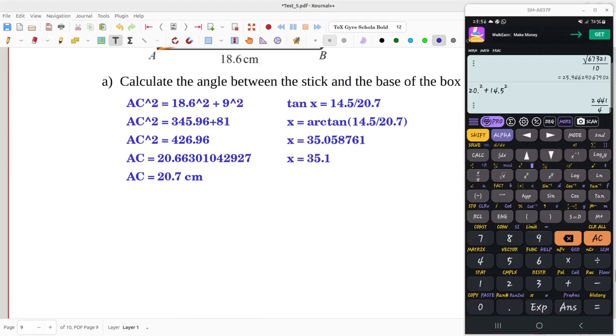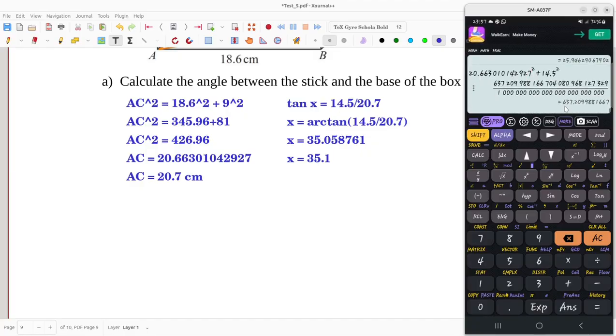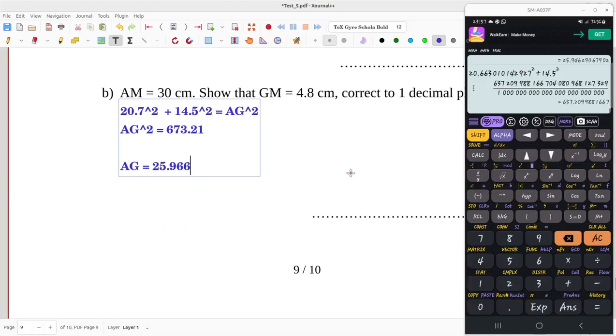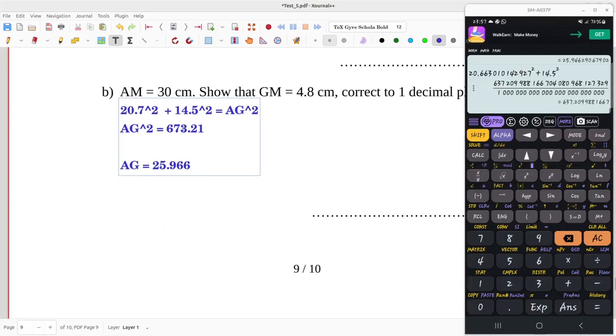It's 637, not 673. It's 637 here, .21, then the square root.